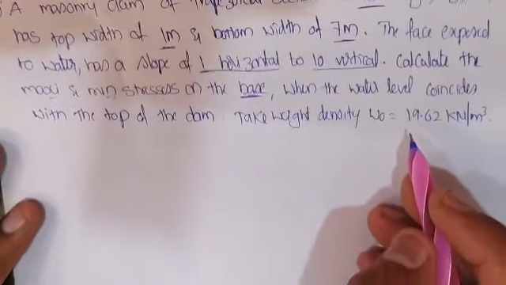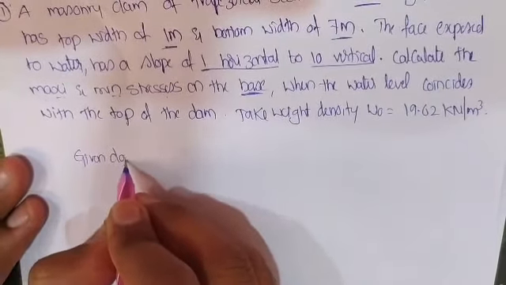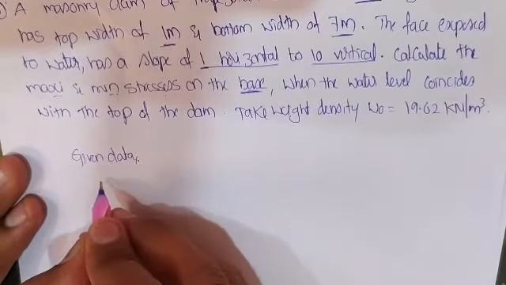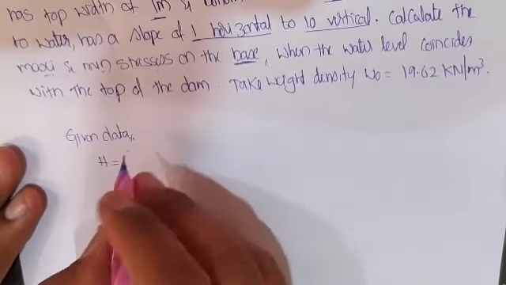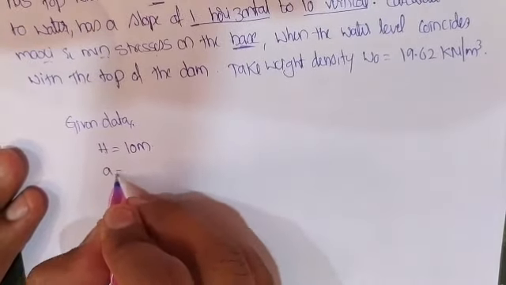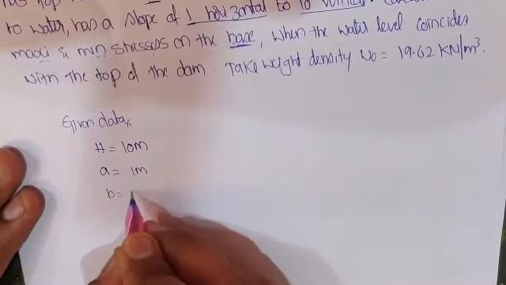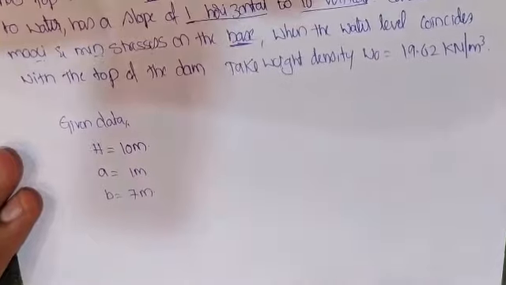So first we will go with the given data. The value of H is given as capital H, 10 meters, and the top of the dam is given as 1 meter, that is small a, and small b is given as 7 meters.